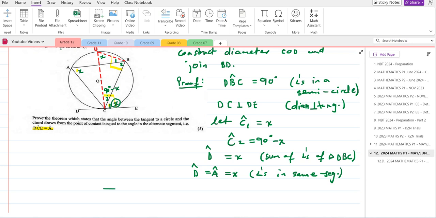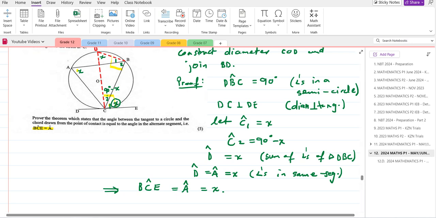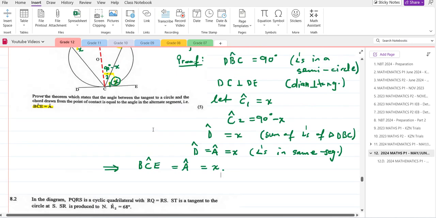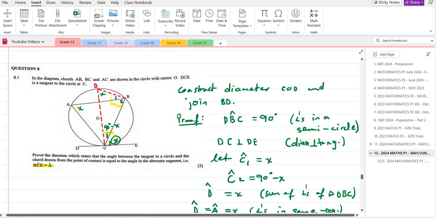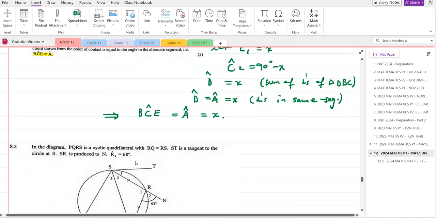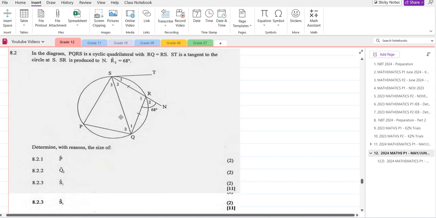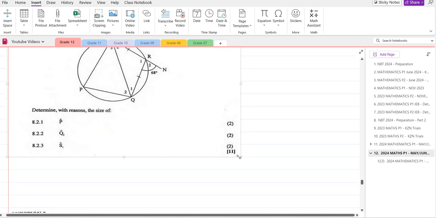This implies angle BCE, which is angle C1, is equal to angle A, both equal to x. So we proved it. I hope you understood the proof. It's just solving for x without using any tangent. So now we have the tan-chord theorem, and we're going to be applying it.